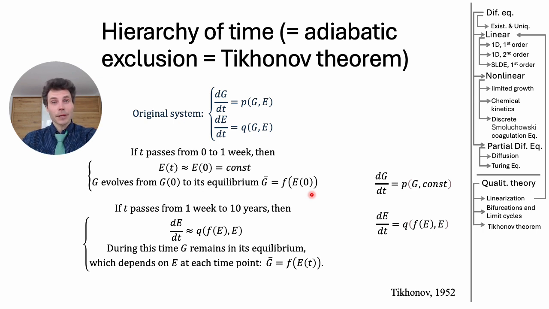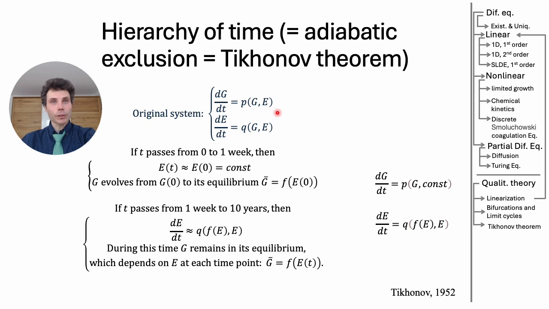If we examine a much larger time scale, then we can assume that G remains in its equilibrium, which depends on the elephants' population at each given time point, like this. And this trick, proposed by Tikhonov, allows us to decouple this original system of equations.